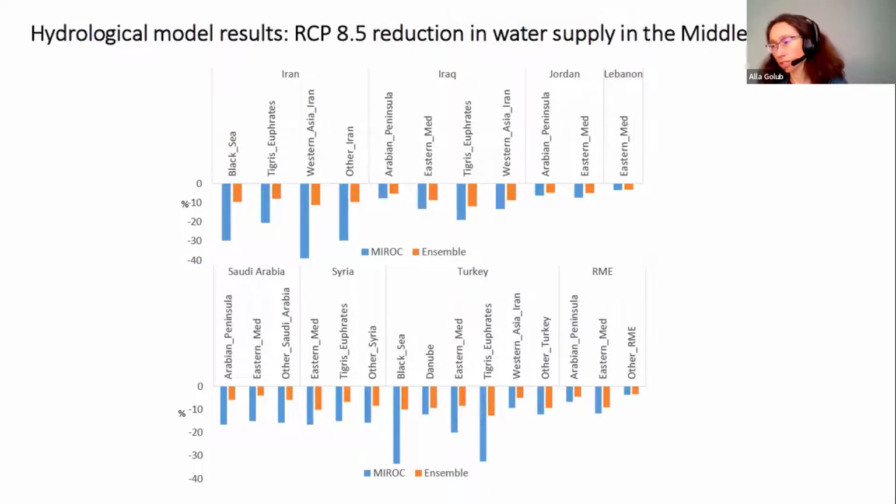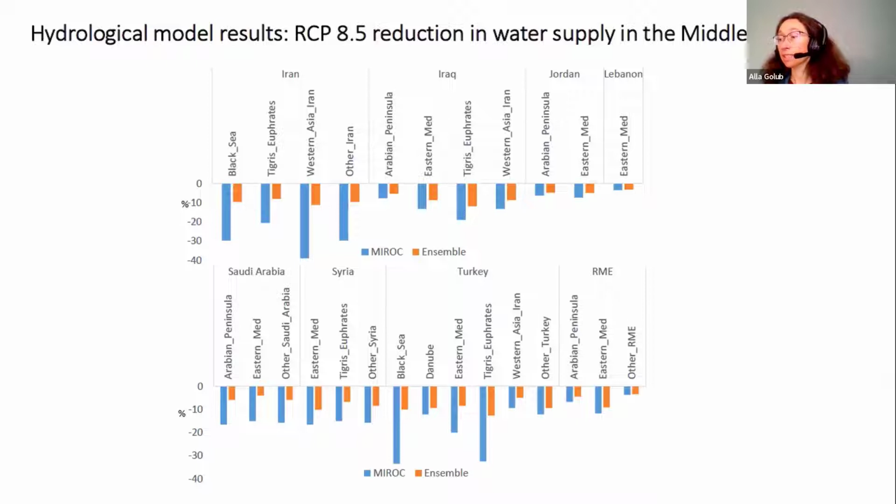With MIROC projections, the hydrological model predicts that Iran will experience the largest relative reduction in water supply, reaching almost 40% in the Western Asia, Iran river basin by 2050.